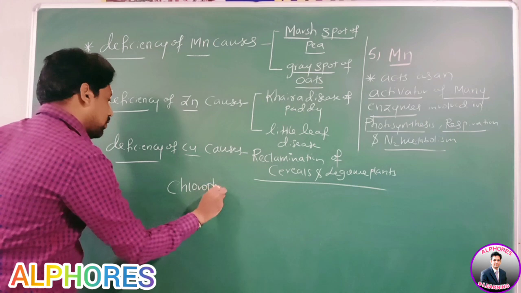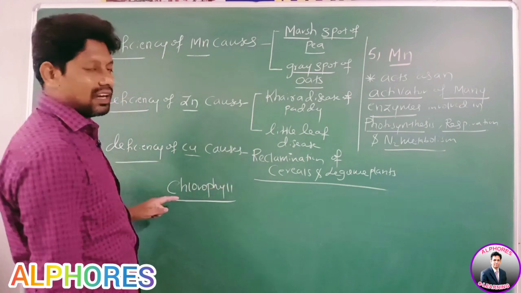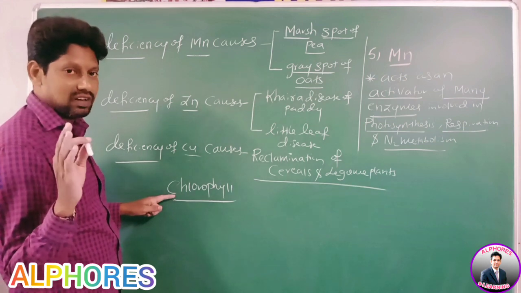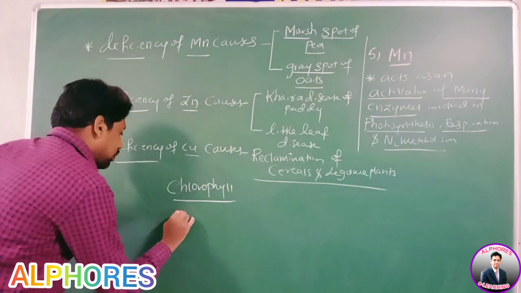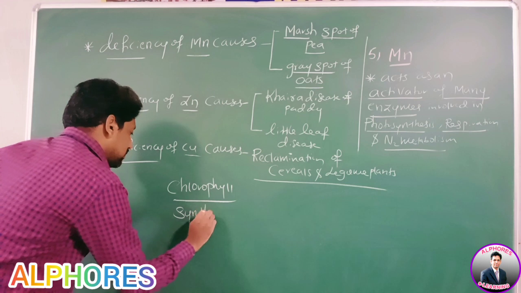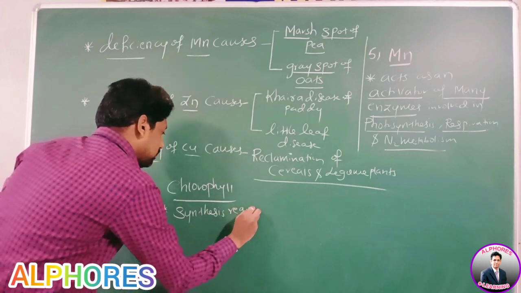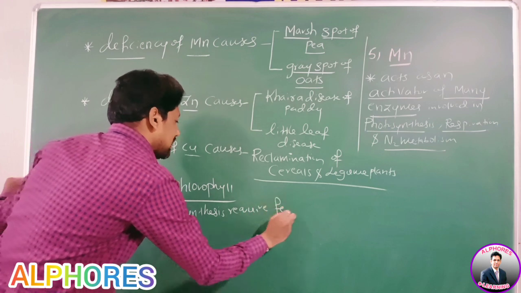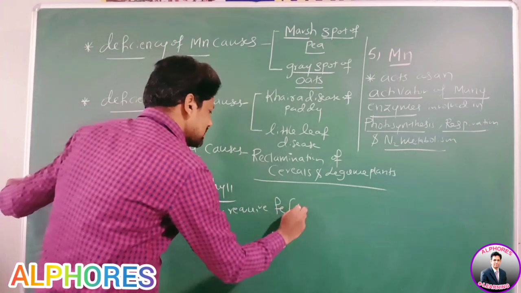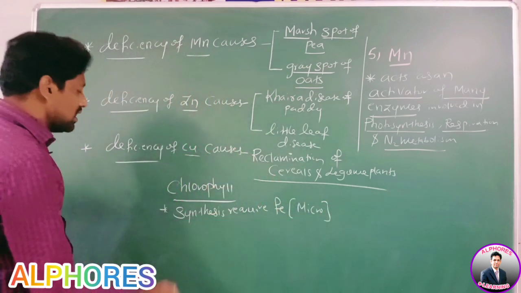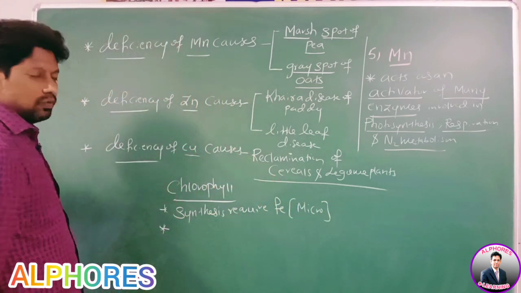Okay, sir, take chlorophyll. What is the central metal atom in chlorophyll? Magnesium. Chlorophyll synthesis requires iron. Chlorophyll synthesis requires what, sir? Iron. Is iron a micro or macro element, sir? It is a micro element. Sir, if chlorophyll is burnt, what is left?